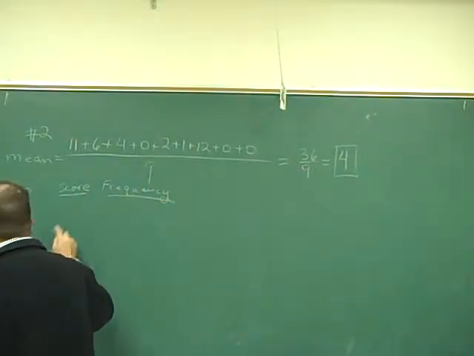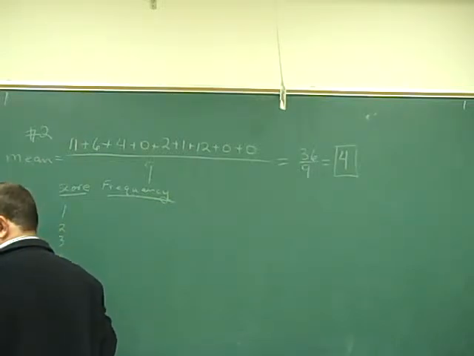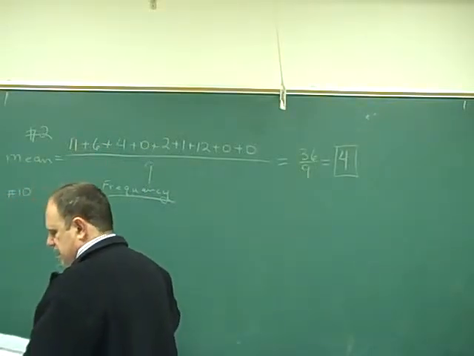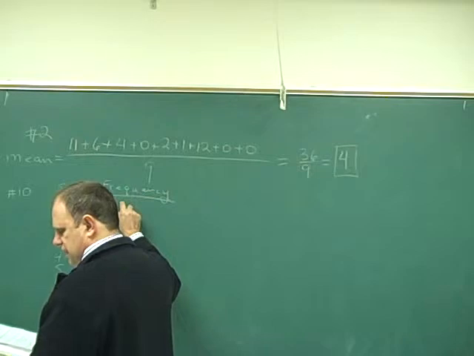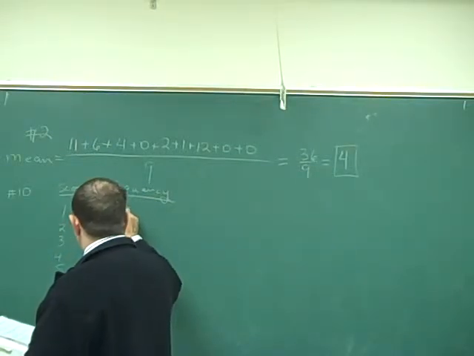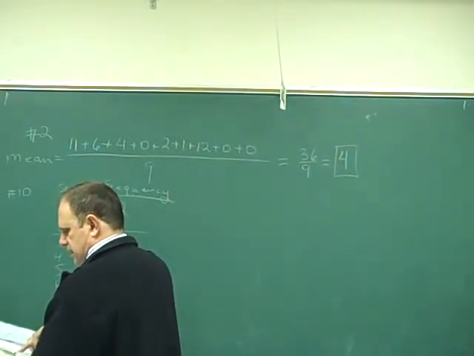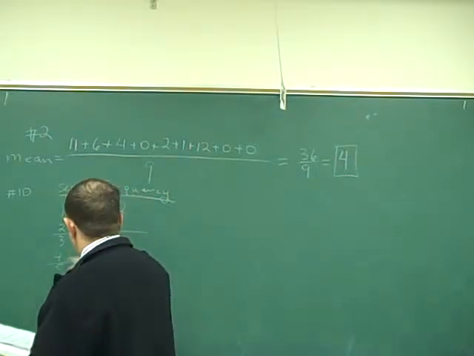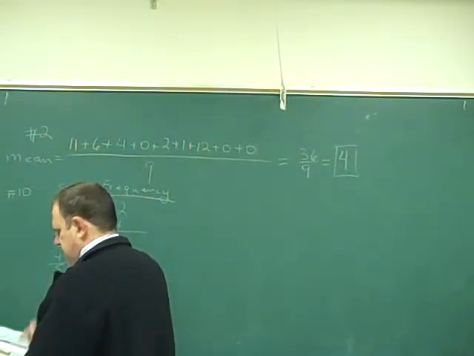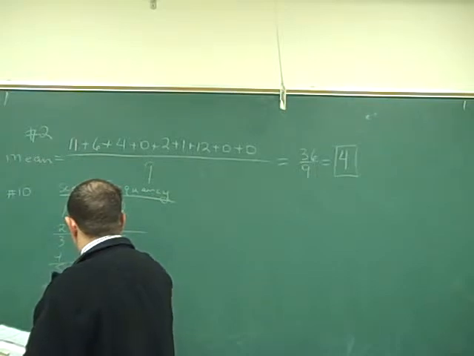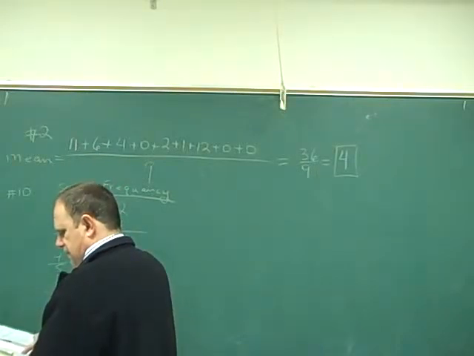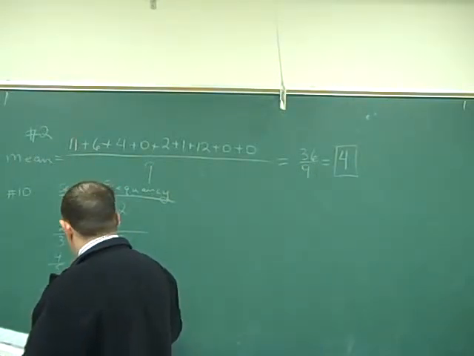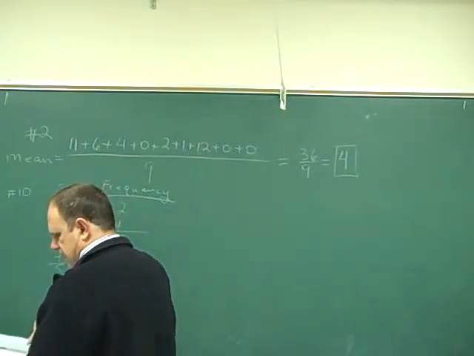And here we've got 1, 2, 3, 4, 5, 6, 7. It just goes up to 7. And then for frequency, we've got 2 1s and 4 2s and 5 3s, 7 4s, 6 5s, 4 6s, and 3 7s. Okay?